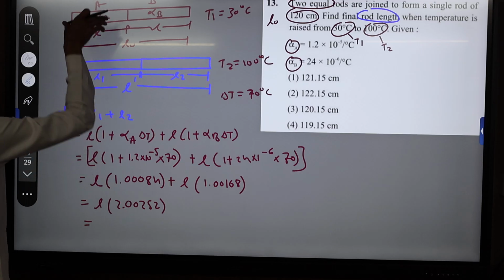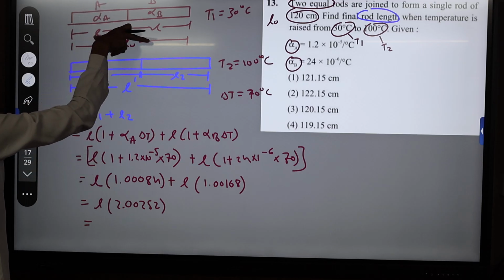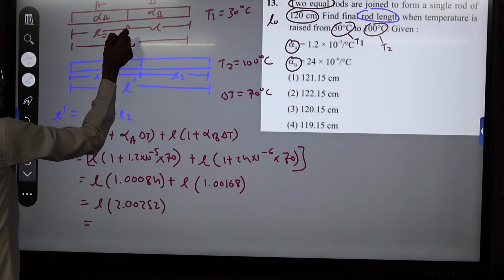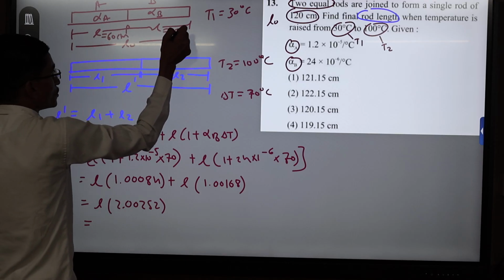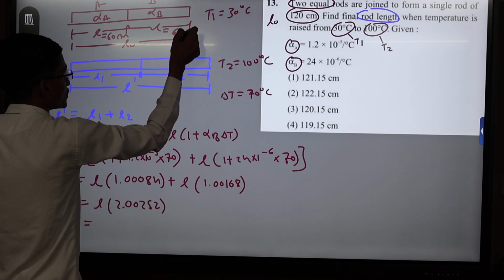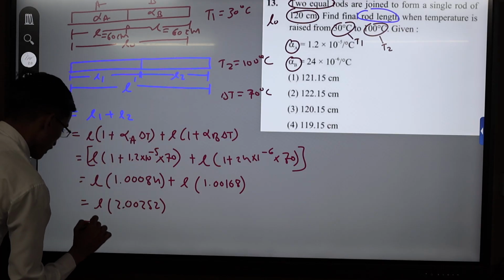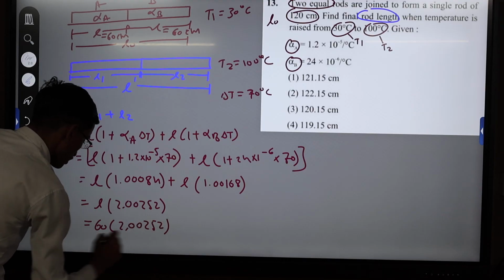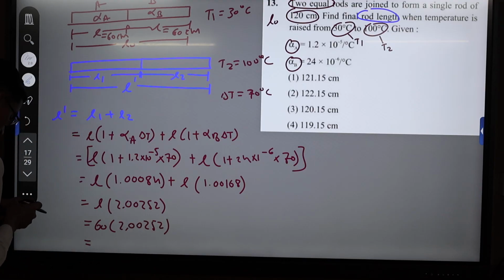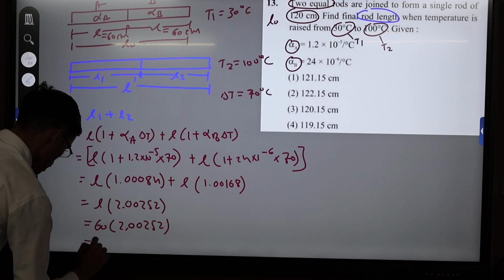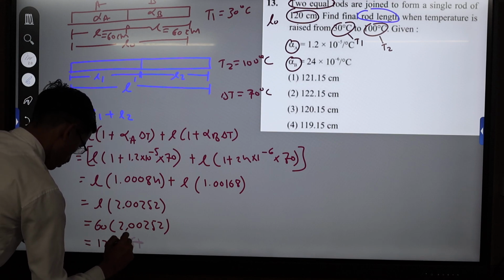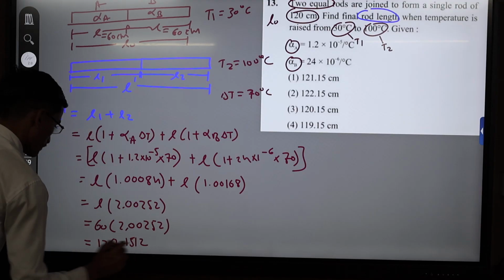Here L is the length of one rod. Total length L1 is 120. Then L will be 60 cm, and this L also will be 60 cm. So put the value of L, 60, into 2.00252. After calculation, this will become 120.15 cm.